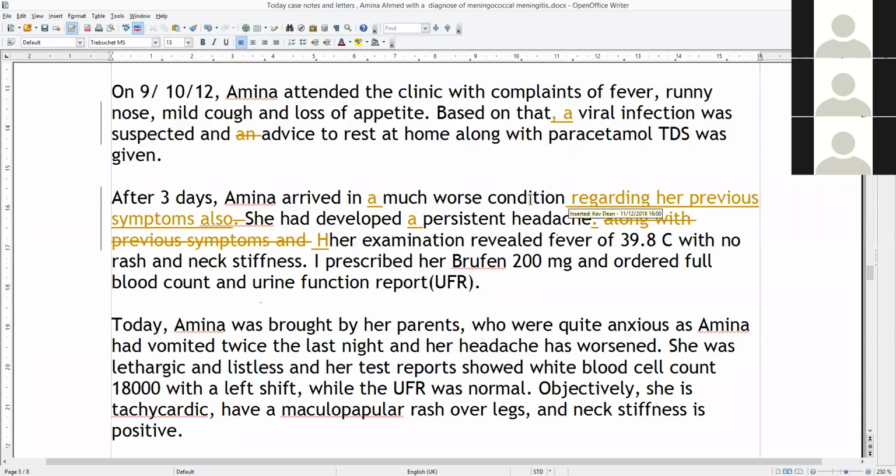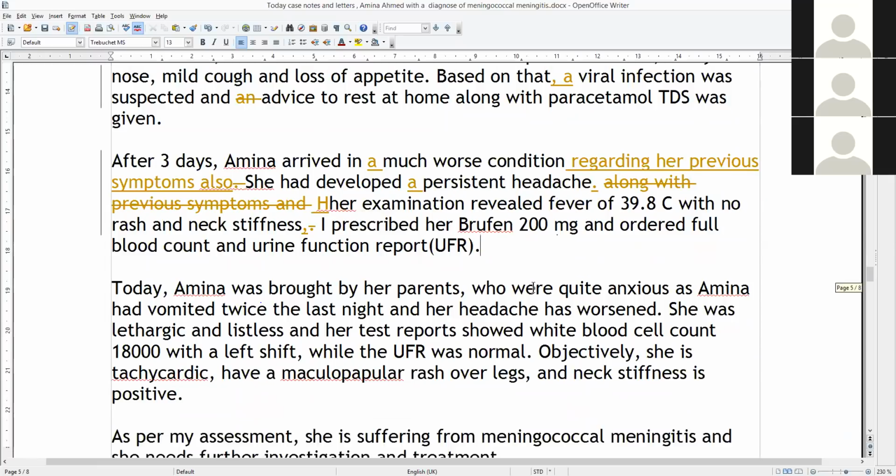So put previous symptoms in the first part of the sentence, end it there, then move on to new information in the second sentence. Her examination revealed a fever, pain in the neck and stiffness, and make that a secondary clause. I prescribed her blah, blah, blah, yeah? So 2 sentences in total, and that makes it better.